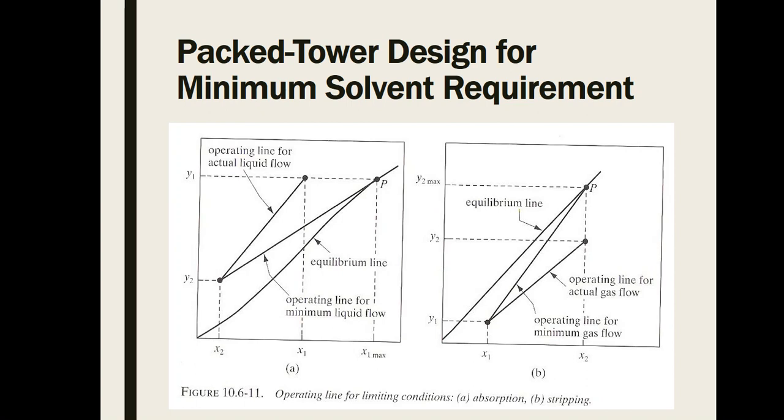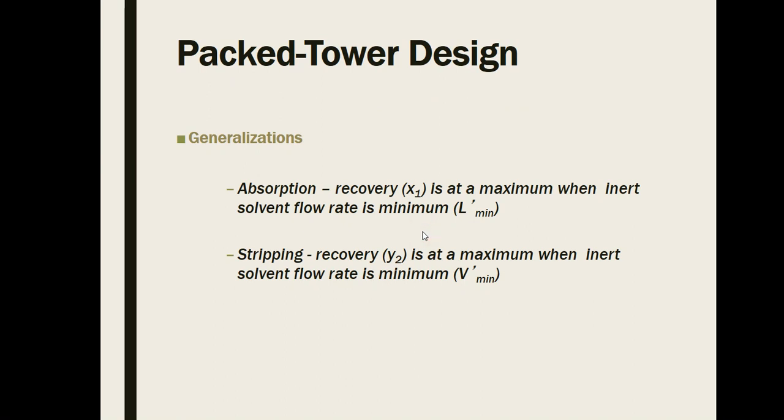That way, we will be able to find the V prime minimum or the L prime minimum, depending on what the problem is suggesting. So there's a sample problem for that in here. In absorption, recovery X1 is at the maximum when inert solvent flow rate is minimum. And this one we determine from the component balance equation, as I have mentioned, utilizing inert streams and mole ratios.